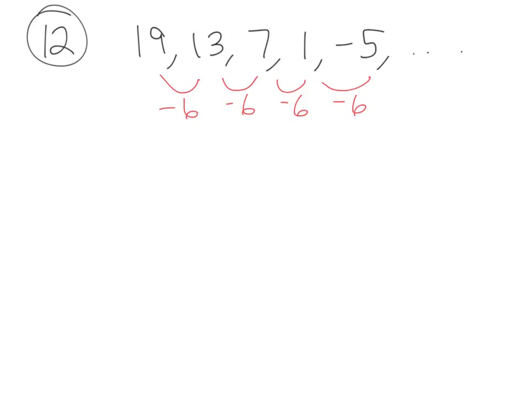So my change is just going down by 6 each time. So if I continue this, my next ones are going to be negative 11, and then I keep going, negative 17, and negative 23. That would be my sequence.